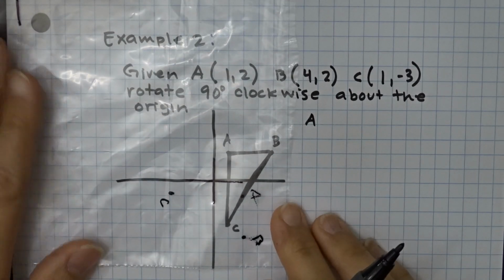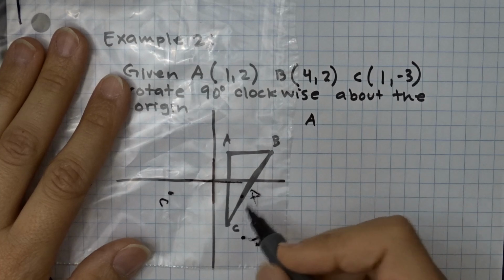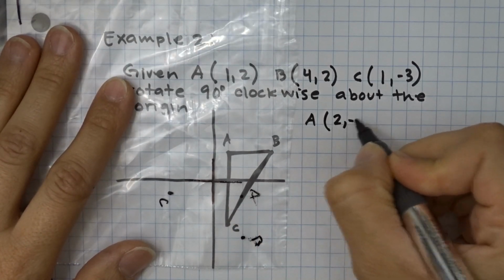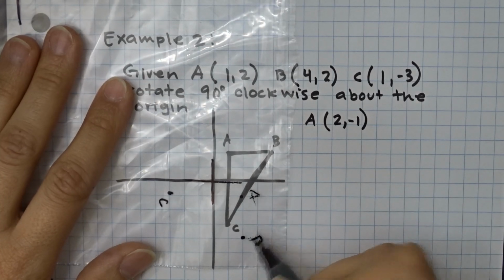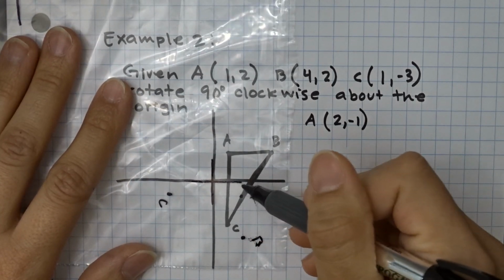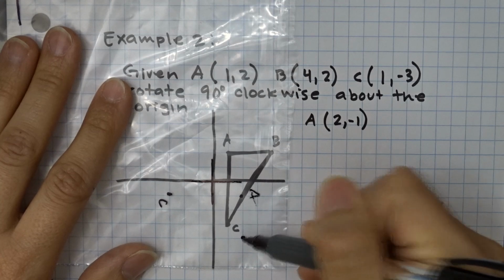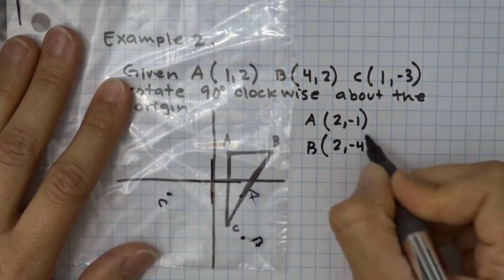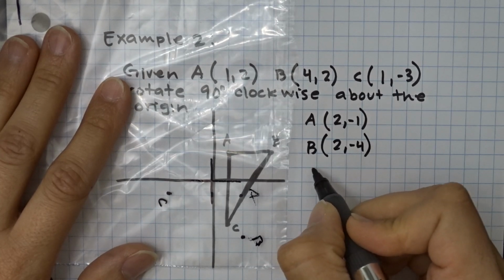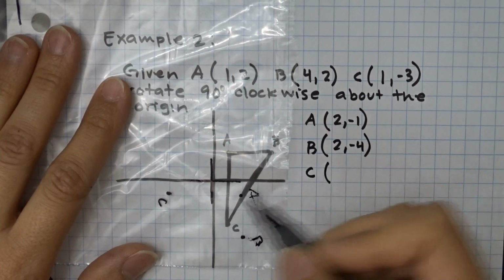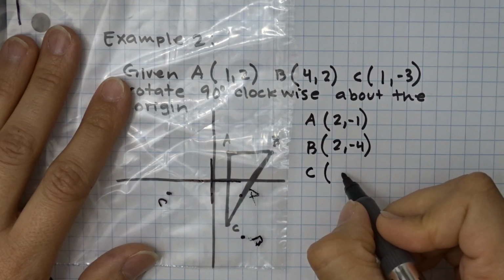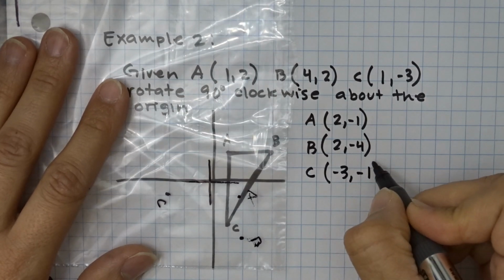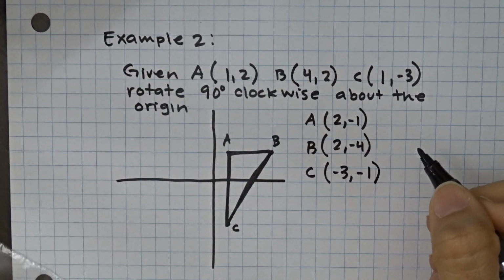When you rotate 90 degrees, just one of the quadrants shifts. So now A is 2, negative 1. And B is now 2, 4, negative 4. Sorry, B is now 4, negative 2. And C is now negative 3, negative 1. All right.